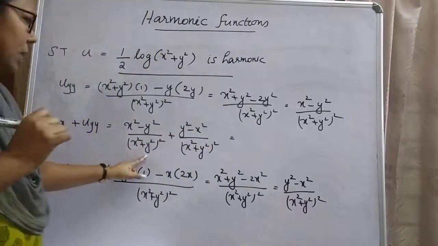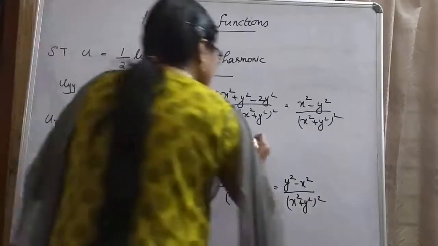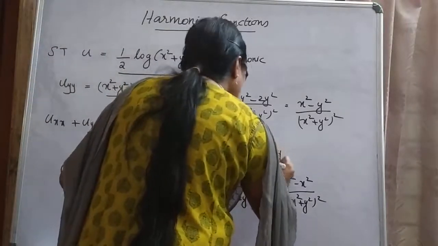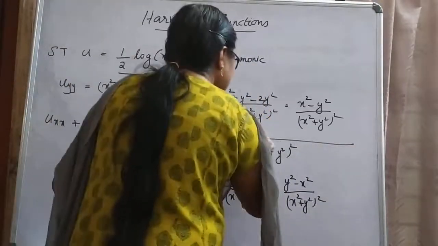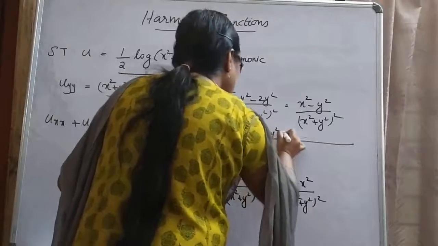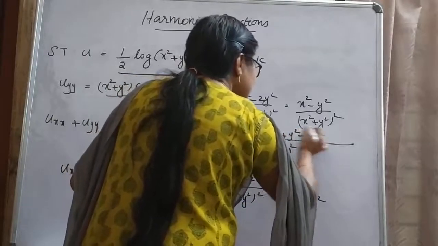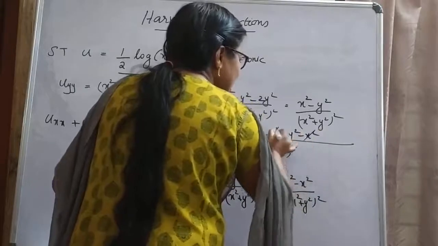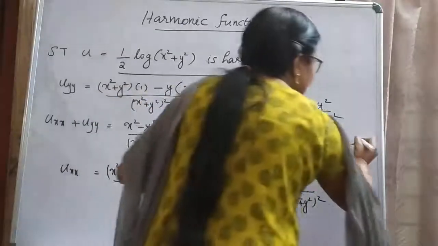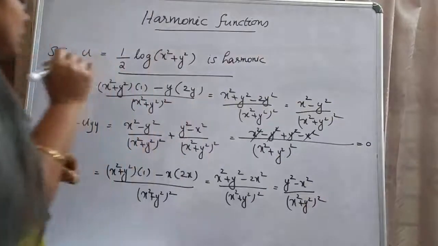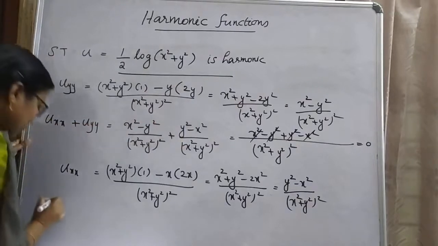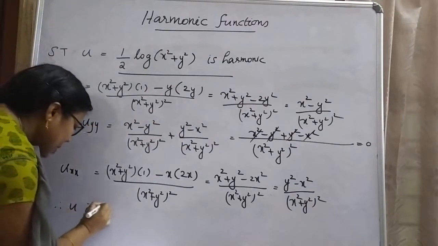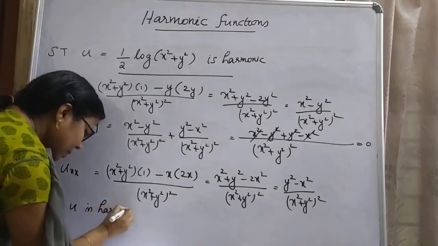Here the denominators are the same. Therefore, the denominator will be x square plus y square the whole square. Adding the numerators, we get x square minus y square plus y square minus x square. X square will get cancelled. Y square will get cancelled. We get the answer as 0. We get uxx plus uyy equal to 0. Therefore, u is harmonic.